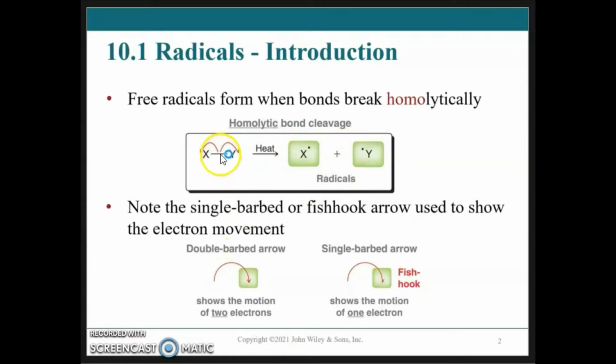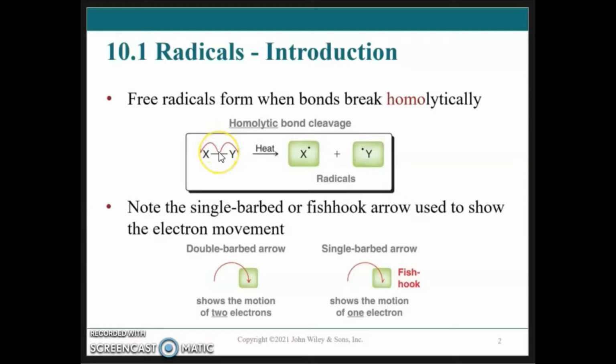And then just focusing on proper drawing of arrows, the arrow begins at the bond with the electron, and the fishhook arrow goes to the atom, showing that the atom receives one electron to form that radical species, and then similarly on the other side as well.